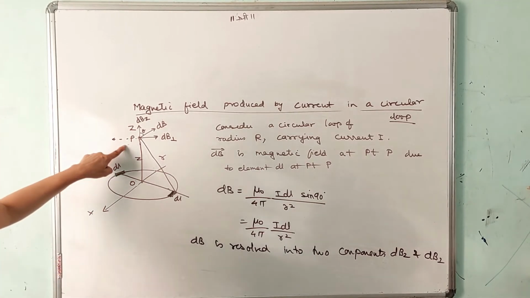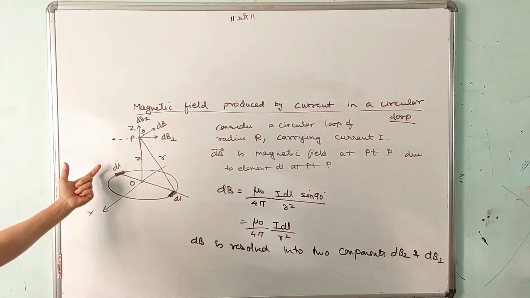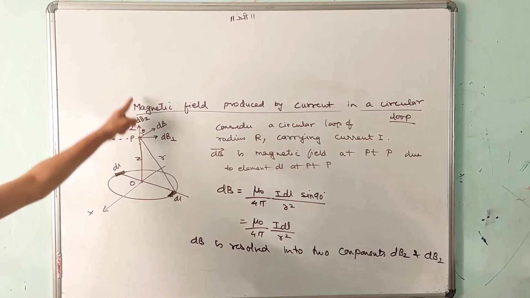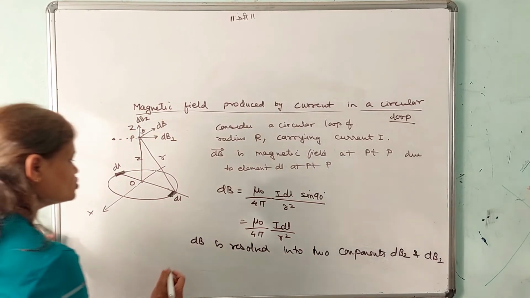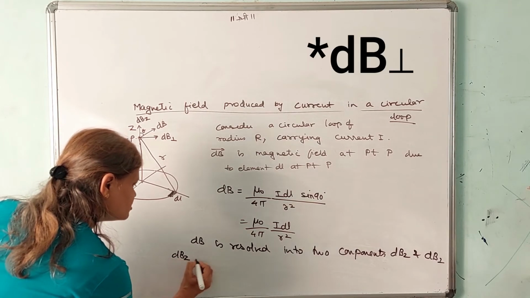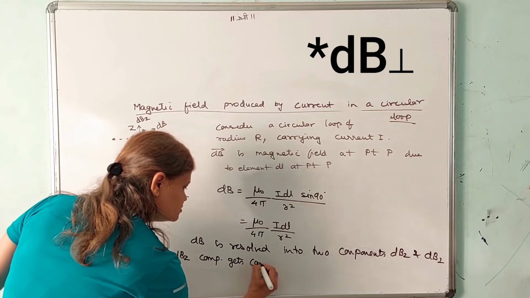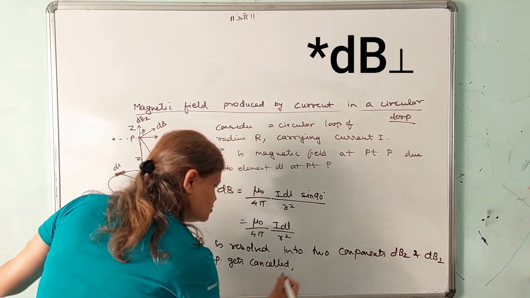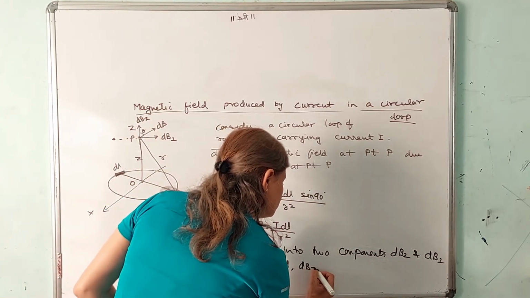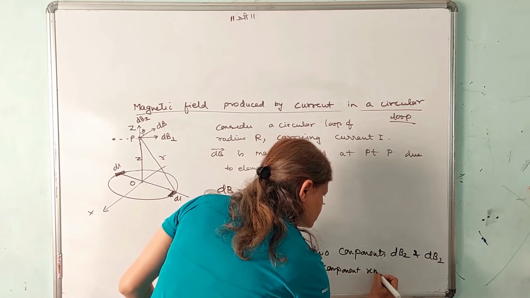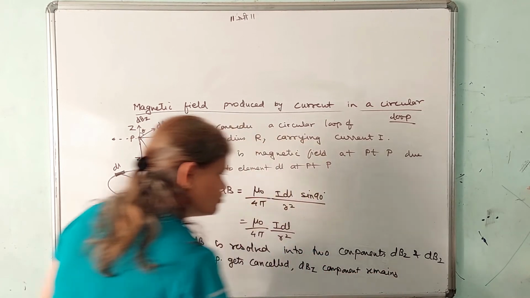Due to symmetry, if you have a dl element on the other side exactly, you will have dB perpendicular on that side and dBz along the same. So the perpendicular component gets cancelled, and the dBz component remains.